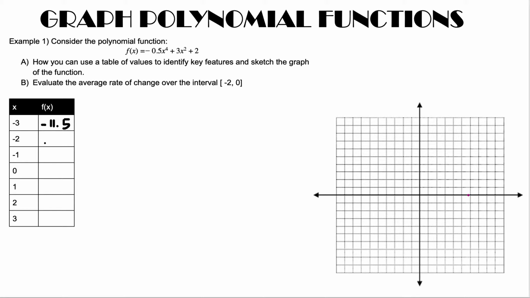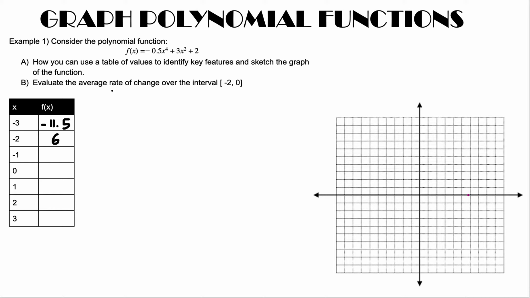So f(-3) is -11.5. If we plug in -2, (-2)^4 is 16, times -0.5 is -8. And 3 times (-2) squared is 4, 3 times 4 is 12, plus 2 is 14, minus 8 is 6.